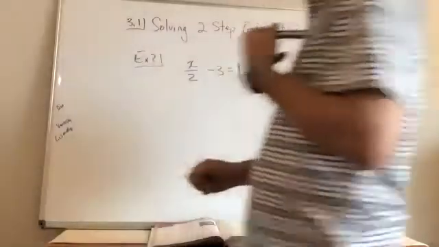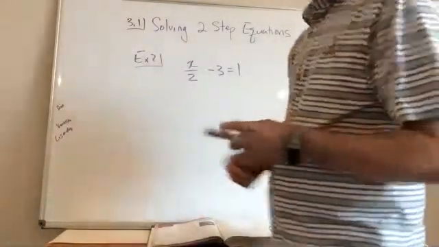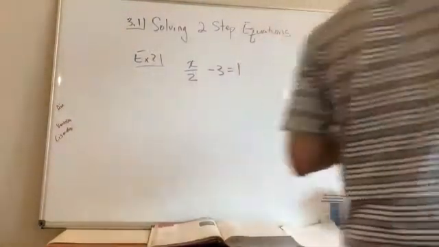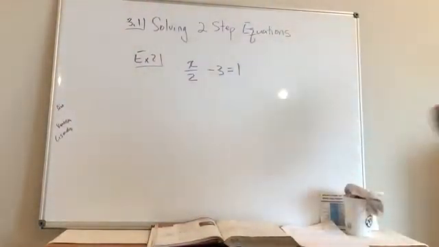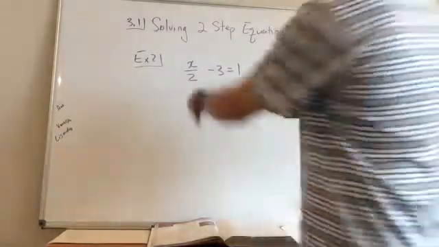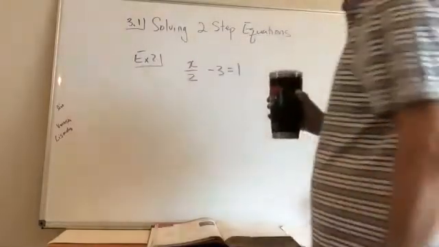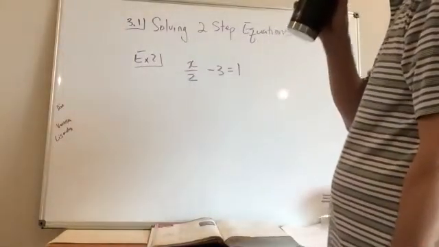Phelan, tell me what the first step here is that you would do. Well, take a guess. You want the x by itself. Somewhere down the line, you want to get x by itself. So what is the first thing you're going to do?